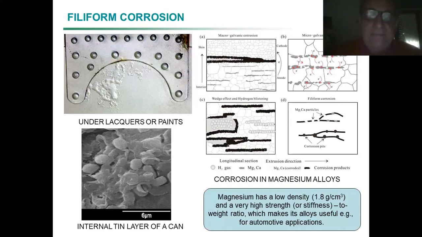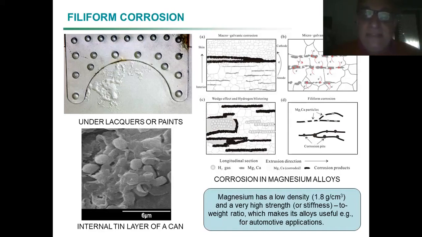Apart from some application in the automotive sector, it is very light, and it's ductile, but it suffers deformations which might not be very controllable in some cases.